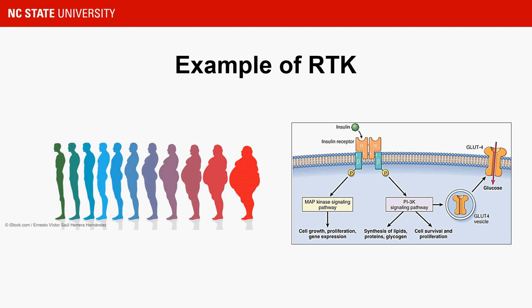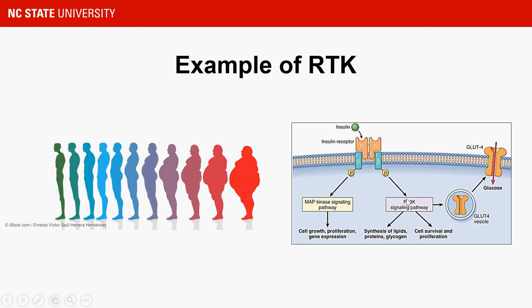After we eat a lot of sweet things, the glucose in the blood can stimulate insulin release from our pancreas. The released insulin can then bind with the insulin receptor on the adipocyte, and activation of this insulin receptor can then activate multiple downstream pathways.